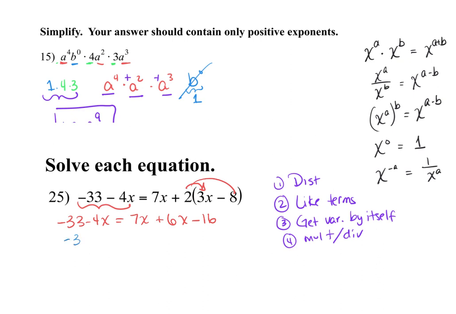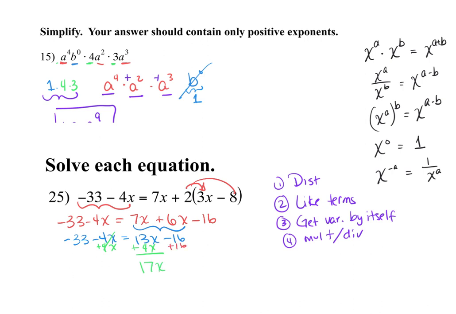So I'm going to leave this left side alone. I am going to simplify this right side. And now I'm going to start shifting around. I'm going to get all my variables to one side, all of my numbers to the other, so that I can get this as simple as possible and then divide. So add my 4x over here.